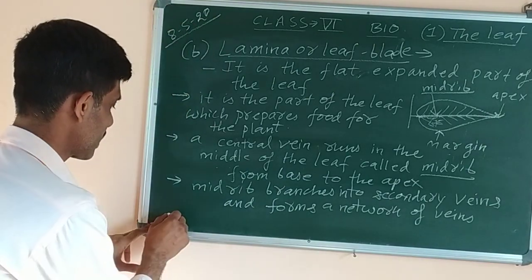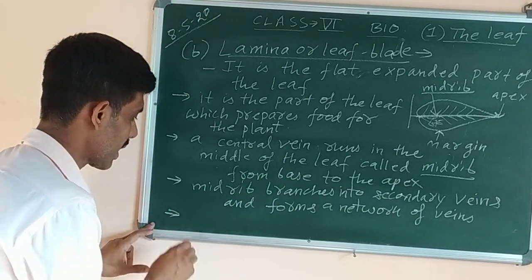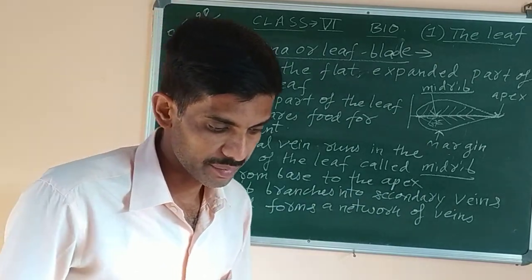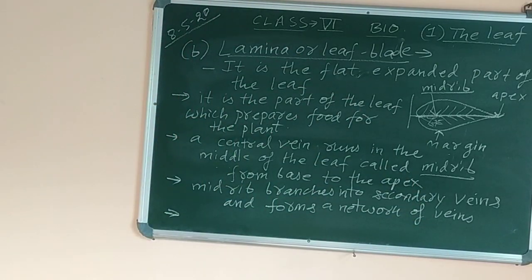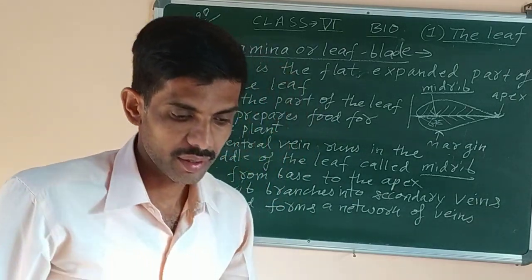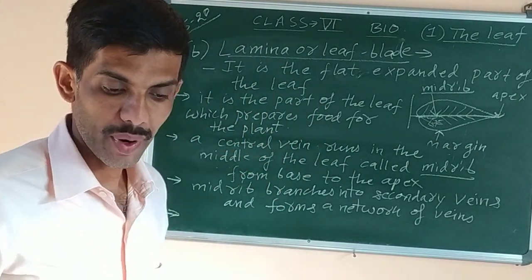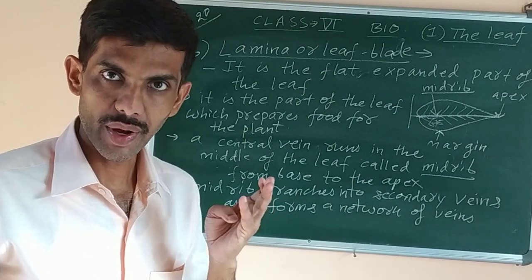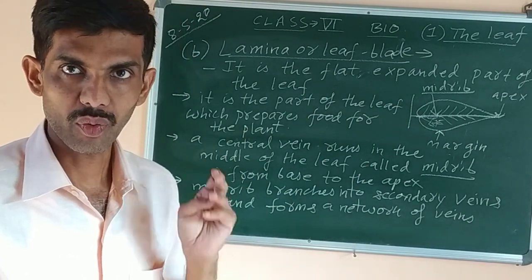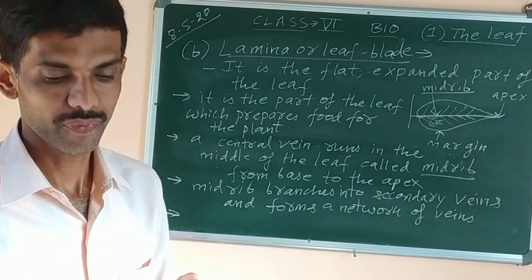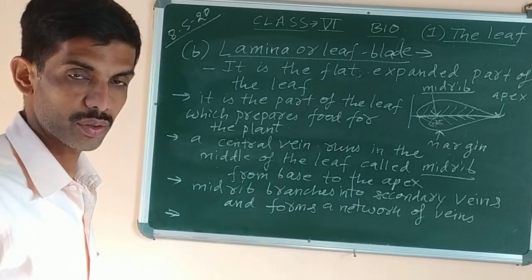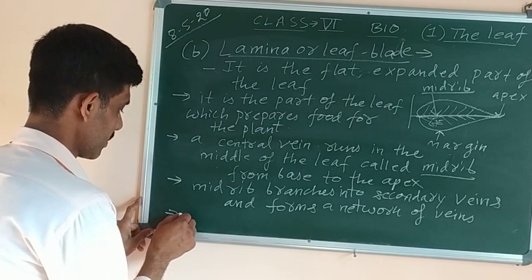Okay, now next, what are the other characteristics of this lamina or the leaf blade? It prepares food, already said. The thinner veins provide support, the last function. What is the function of these veins? It provides support, conducts water, minerals and food to all parts of the plant, or throughout the leaf.